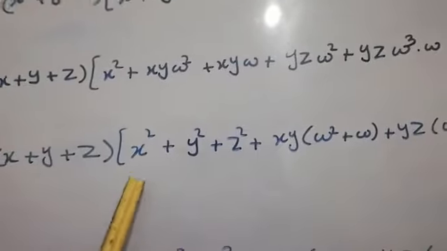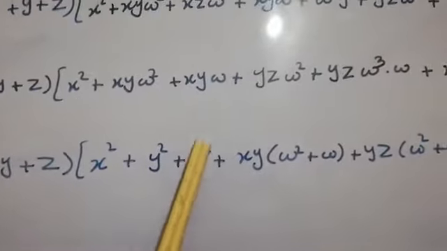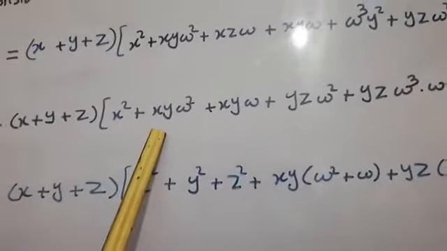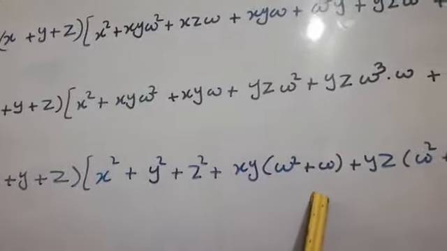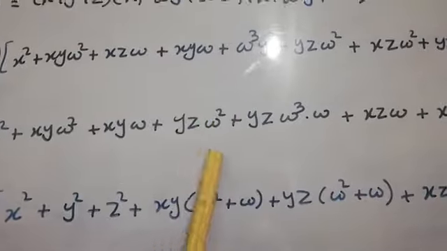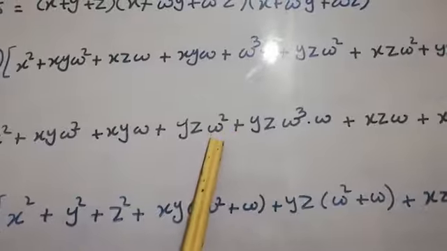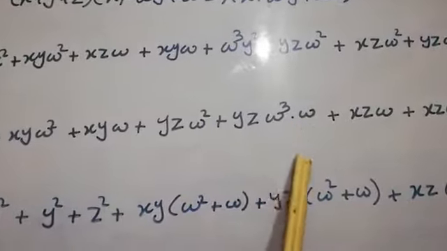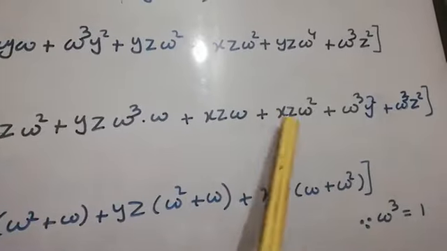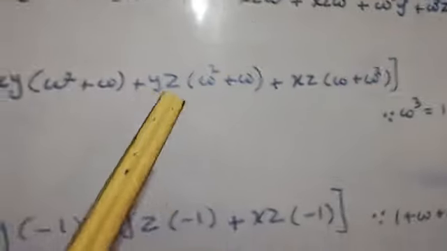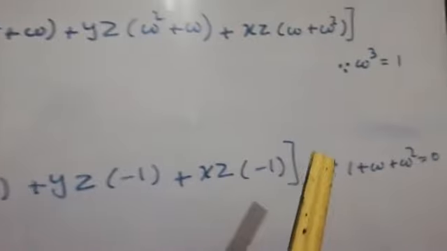First we will arrange x square plus y square plus z square, and then we will take xy common and get omega cube plus omega square plus omega. And by taking yz common, we will get omega square into omega, because omega cube equals 1. And then take xz common, we will get omega plus omega square. And you know that omega plus omega square equals minus 1.